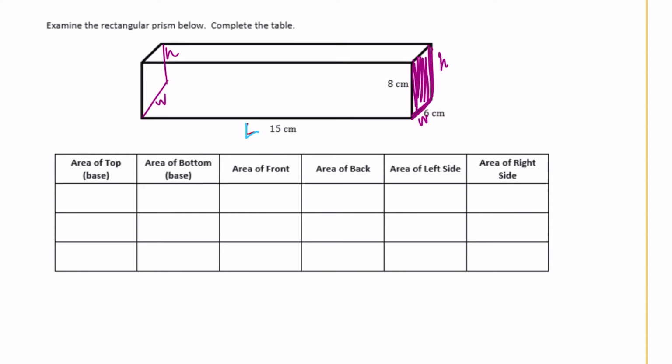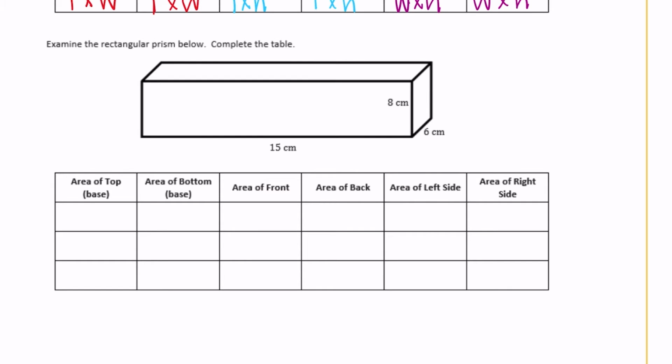Okay, so again, let's examine this one. Let's find the area of the top. This time I'm going to do the formula first. Finding the area of the top base, this part up top, is like finding the length times the width. So length times width, and the area of the bottom base would be the same, length times width.